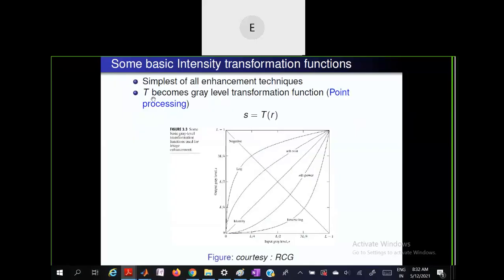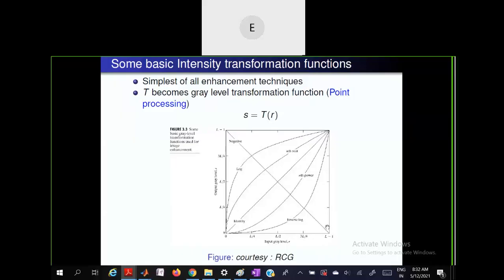Fine. Now let us look at some basic intensity transformation functions. In fact, the plot that is given here covers all of them, but we have to take one at a time. What you see here is the x-axis is the input gray level, which is R, and it has 0 as the minimum, L minus 1 as the maximum.